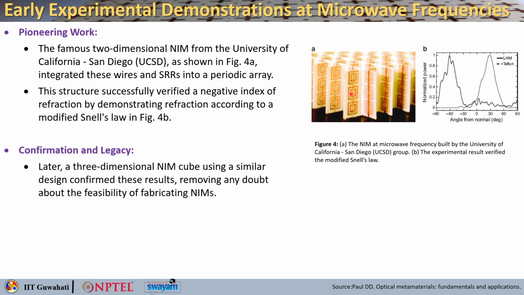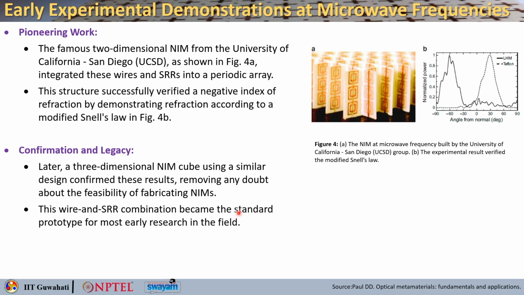So, this was the first one, and later on a 3-dimensional negative index material cube, which was made using similar design, also confirmed this kind of findings, removing any doubt regarding the feasibility of fabricating negative index materials. So, this wire and split ring resonator combination became a standard prototype for most early research in this particular field.